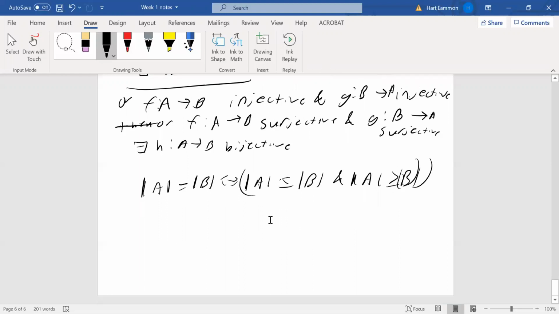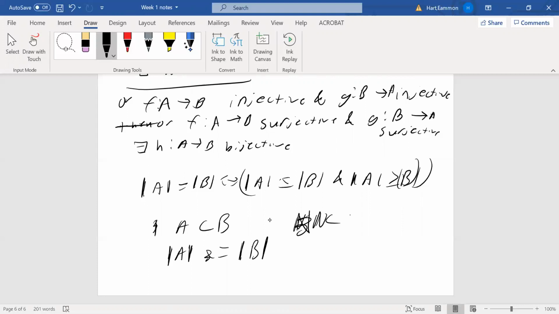Another thing which I just want to clarify in case anyone would be confused about: I've already implicitly said it, but we can have A be a proper subset of B and still have the cardinality of A equal to the cardinality of B. An example of this is that the natural numbers are a proper subset of the integers, but the cardinality of the naturals is equal to the cardinality of the integers.